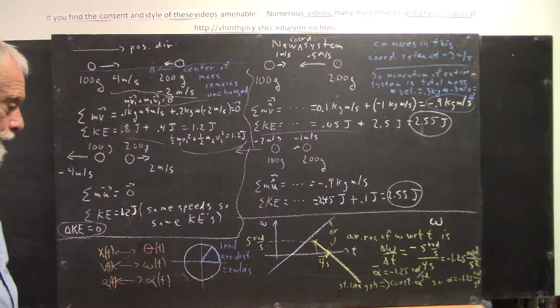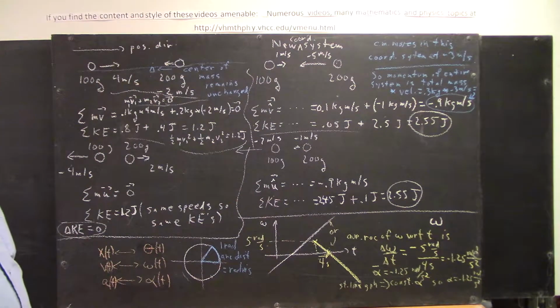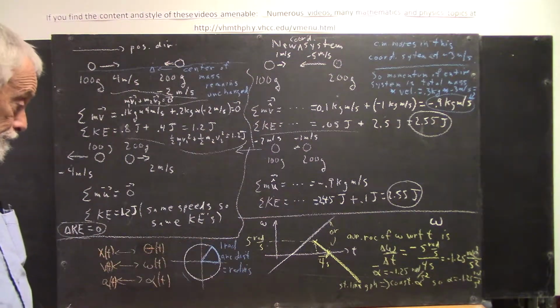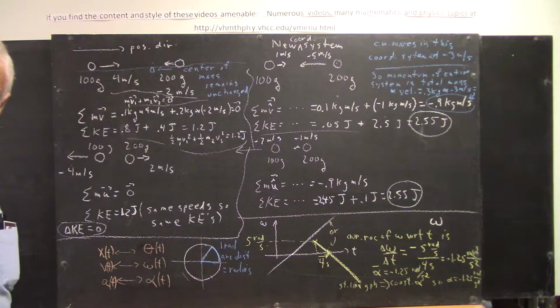Right now in the chapter you're moving into, it's just analysis of angular motion, and it's completely analogous to the analysis of linear motion. But be sure you use the angular symbols, the symbols for angular motion.